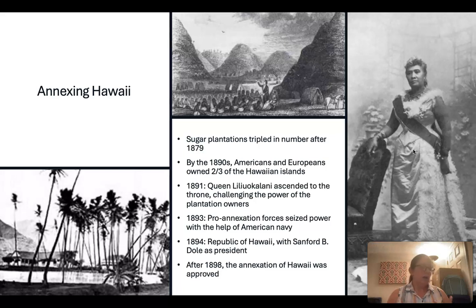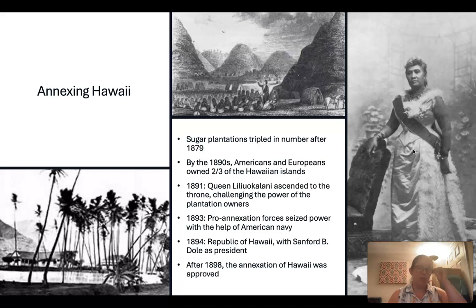So sugar plantations after 1879 begin to explode. Sugar plantations brought jobs and workers from all over the world, from the Philippines, from Japan, from Portugal, to work on these sugar plantations. And a lot of Hawaiian culture develops out of this.